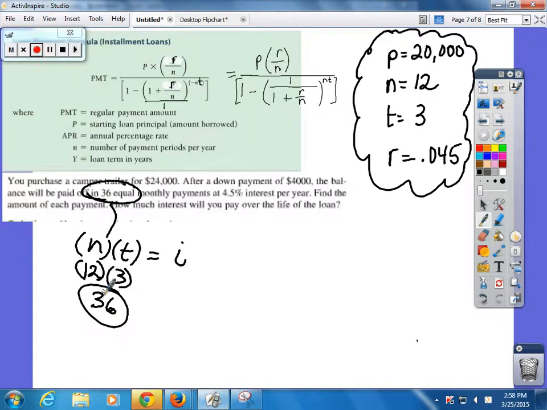I wasn't catching that the other day, and it was messing me up, because this is the original type problem, and they're taking I and throwing it in there. So I'm going to show you how to do it with your calculator and not even have to write it down.